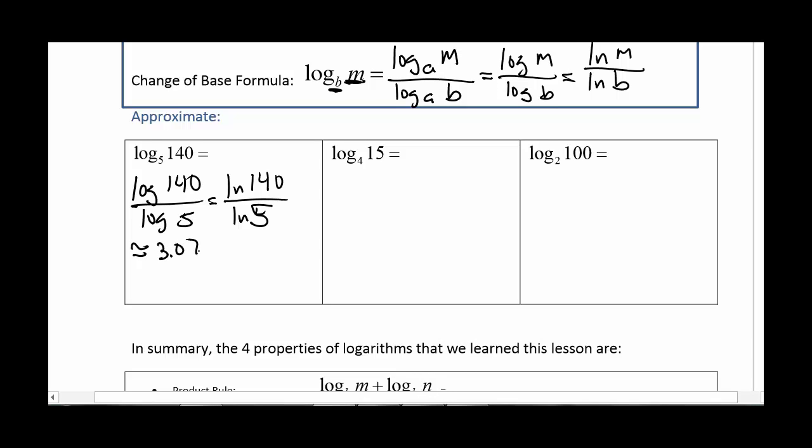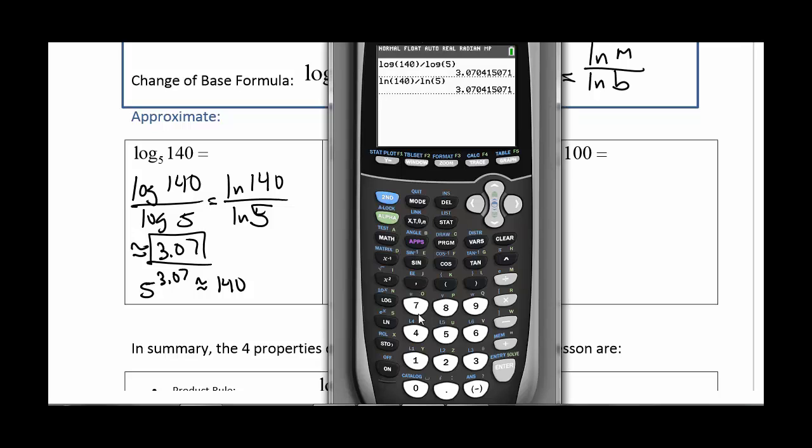Okay. Now the question that I want to follow up with, what is so significant about 3.07, the 5, and the 140? What does that all have to mean? And the answer is that if I take 5 to the 3.07 power, I should get something close to 140. So let me show you that.